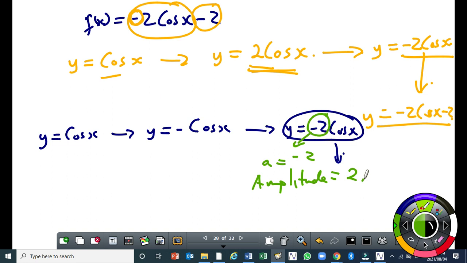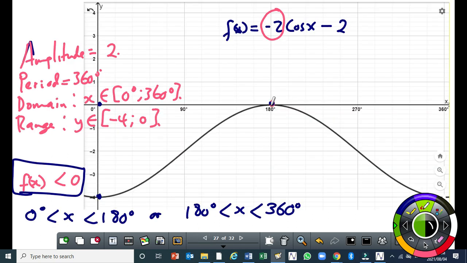Okay? So our amplitude for y equal to minus 2 cos x is 2. But because of the minus, the graph is going to start with a maximum turning point, which will be at y equal to 2. Then we bring it down by 2 units. So it will end up at this point here.